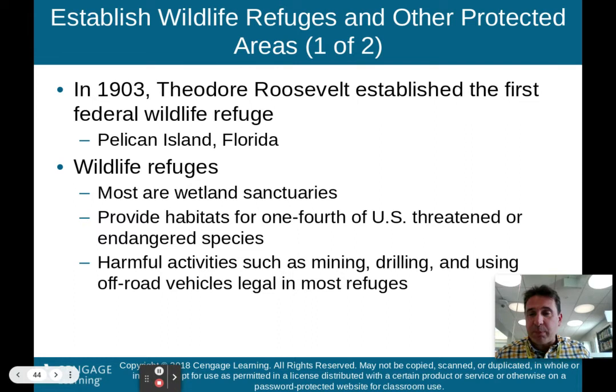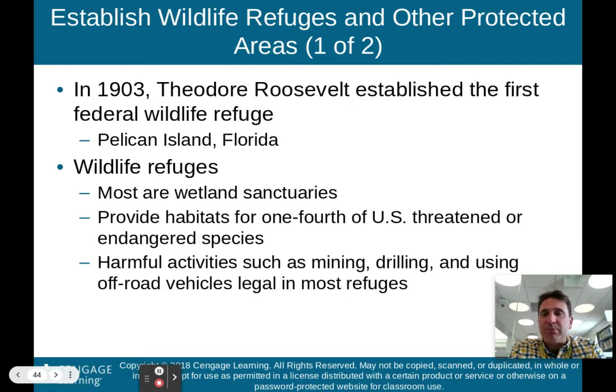All right, another way to protect species is to establish wildlife refuges and other protected areas where species can live naturally and keep that biodiversity. So in 1903, Teddy Roosevelt established the first federal wildlife refuge on Pelican Island in Florida. What is a wildlife refuge? Well, most of them are wetland sanctuaries. They provide habitats for 25% of U.S. threatened or endangered species.